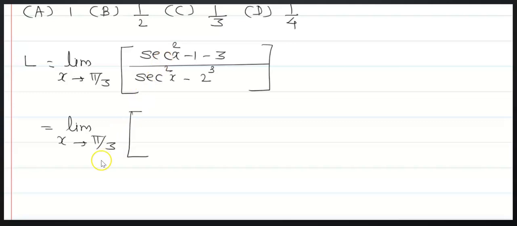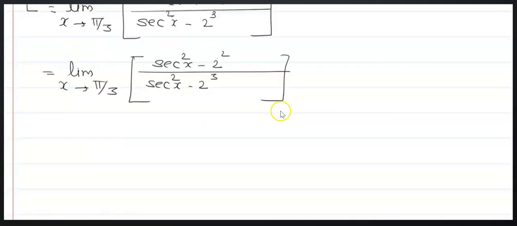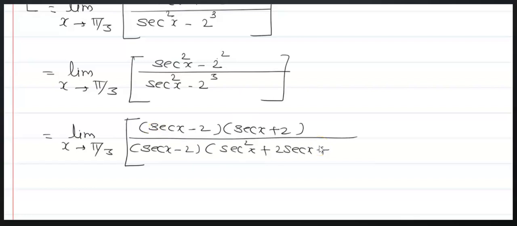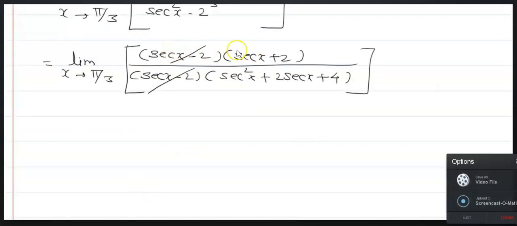Now here is the limit x tends to pi by 3, sec square x minus 2 square and sec square x minus 2 cube. Split this up. Therefore, you will get sec x minus 2 cancelled. And take the limit, that is replace x by pi by 3.